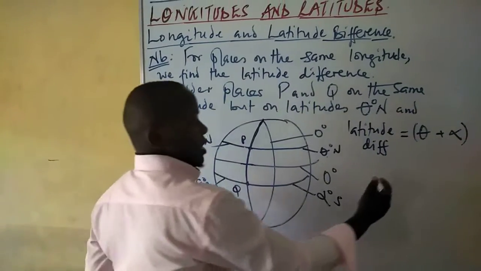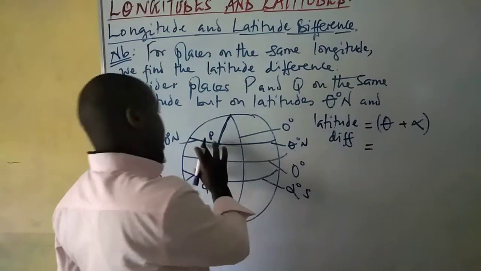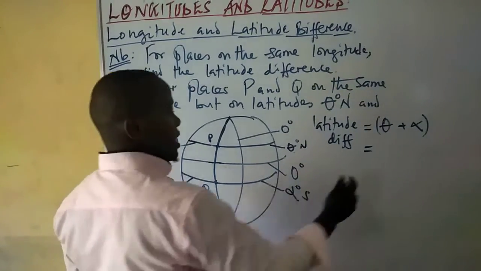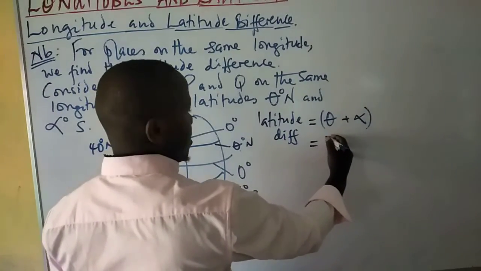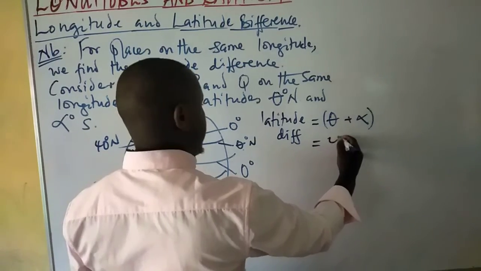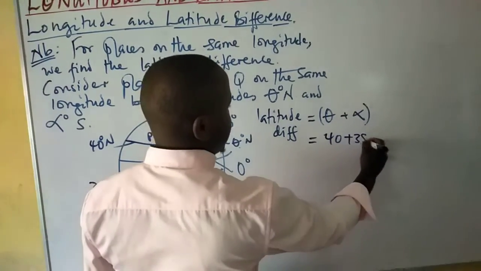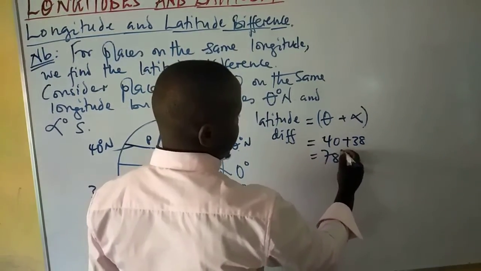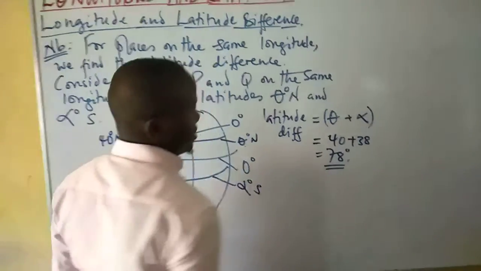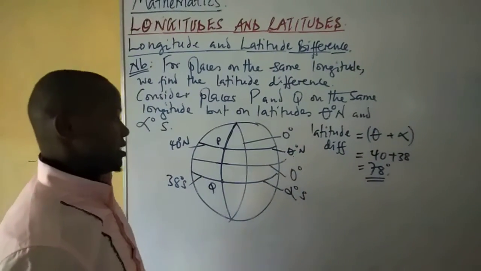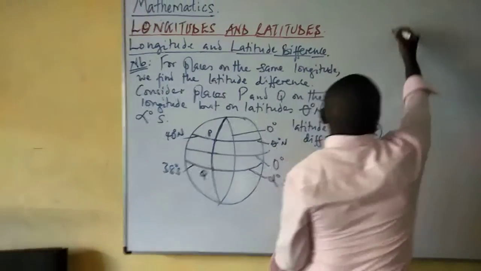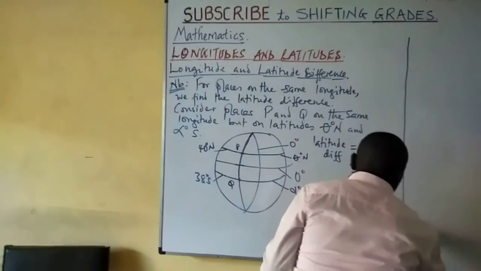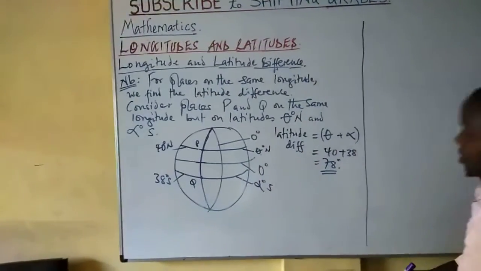So if we add, in this example with 40 and 38, the difference would be the sum, 40 plus 38. This gives us 78 degrees. It is the difference, just degrees, not east or west or north and south.